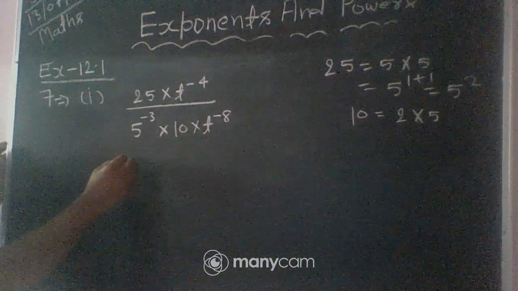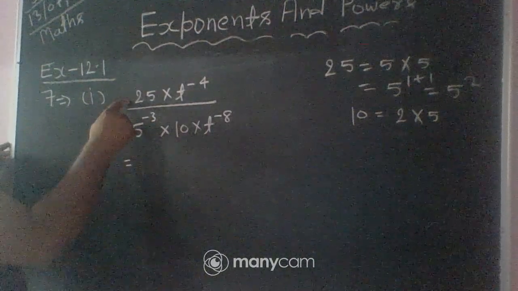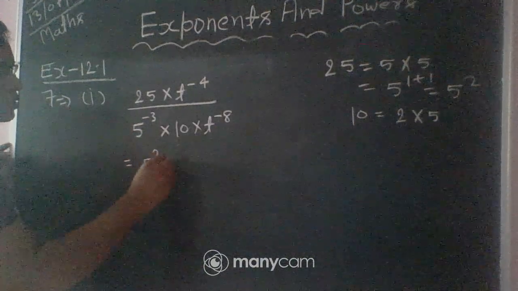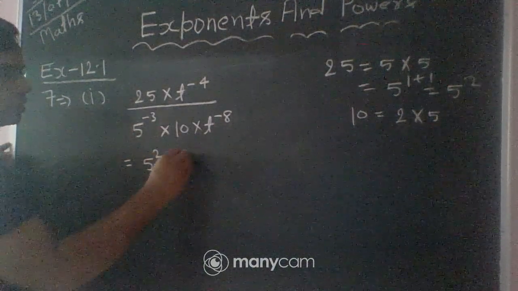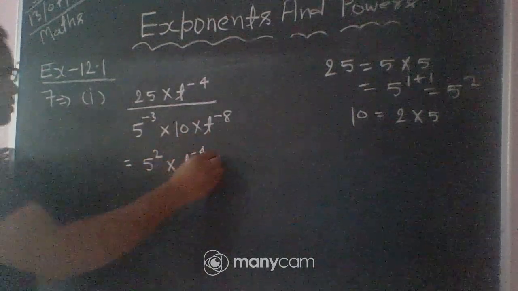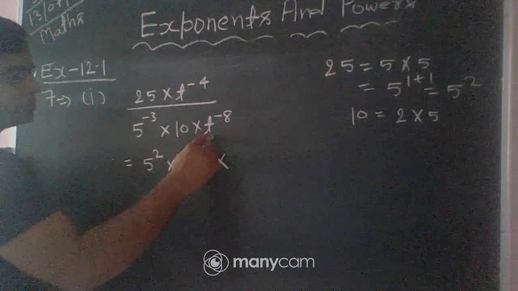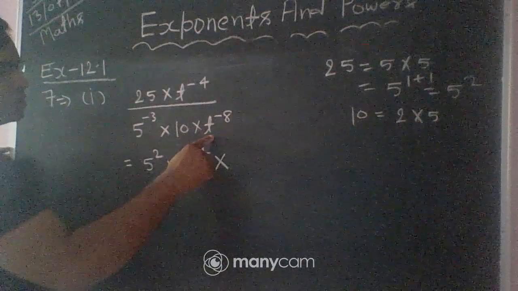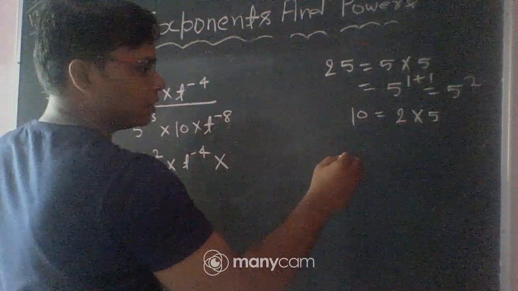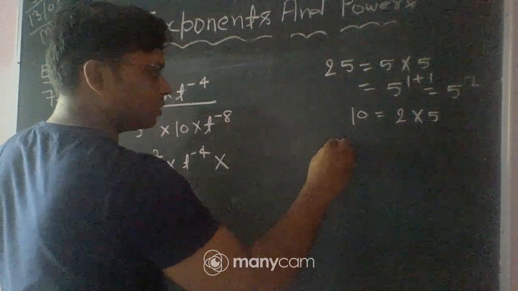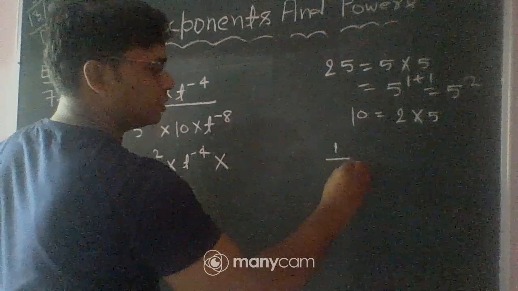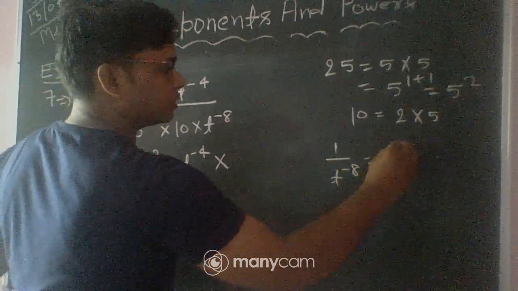So next step, in the place of 25 you can write 5 power 2 into t power minus 4, and here t power minus 8. So you know, if you have 1 by t power minus 8, you can write it t power plus 8.